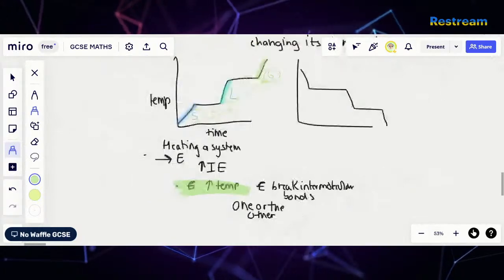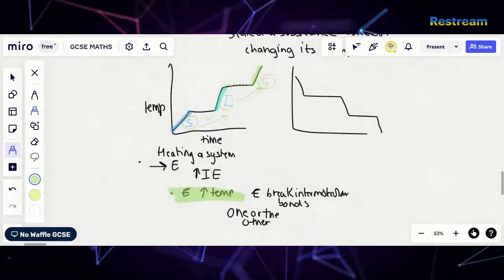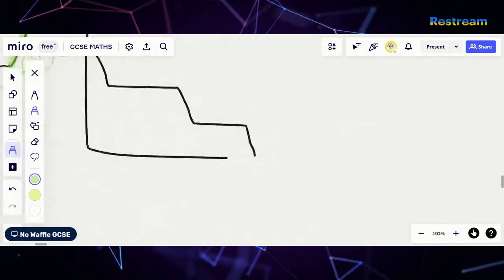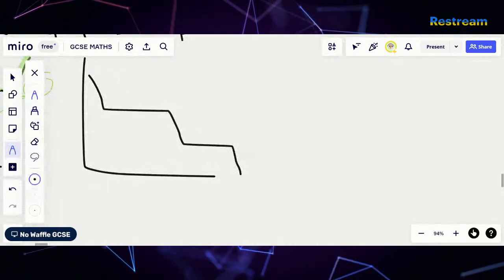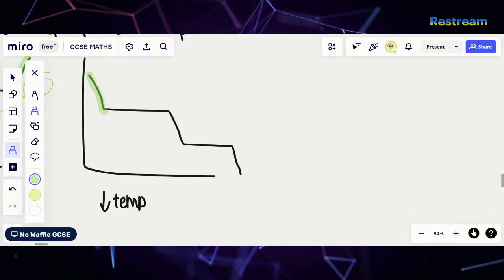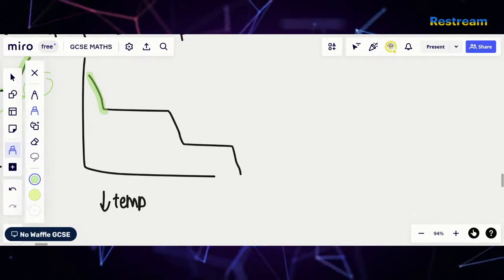Now we will see the same thing in a cooling graph. So in a cooling graph, you're decreasing the temperature. At this point, it's a gas.